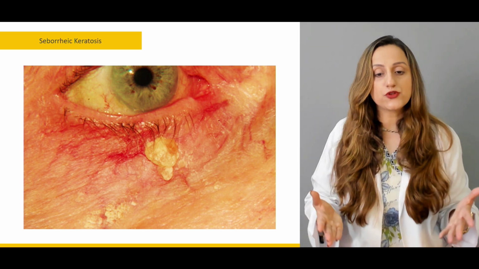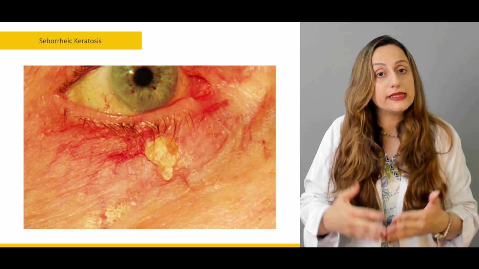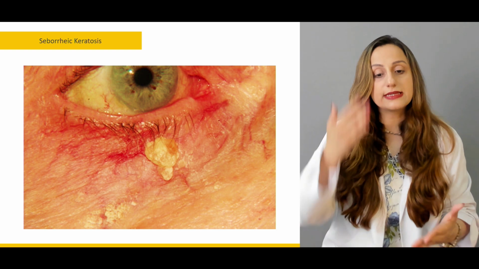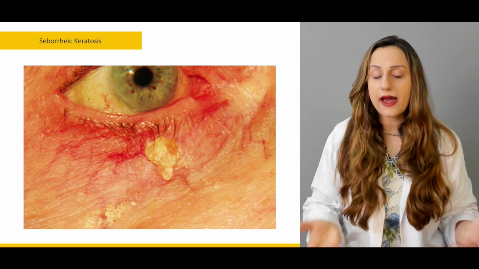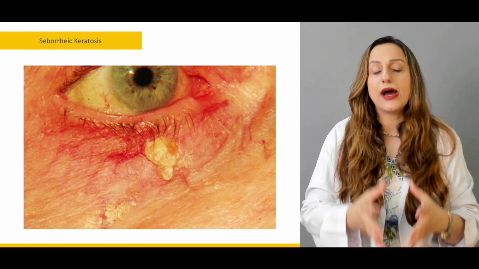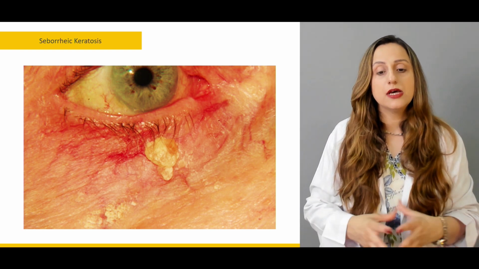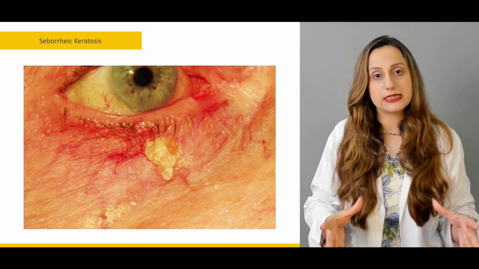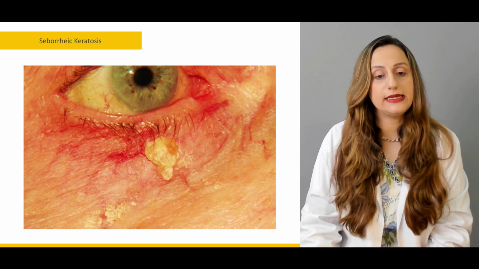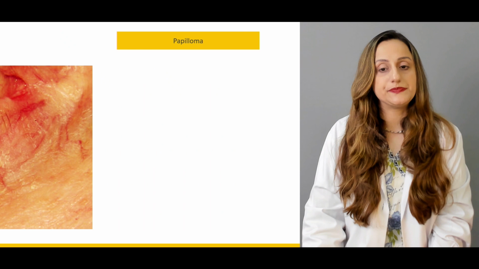So the treatment of choice again over here is a surgical incision, obviously. It is an unsightly site, and you have to treat and give a cosmetic review to the patients as well. So you usually make the incision and take out the keratosis that is present there.